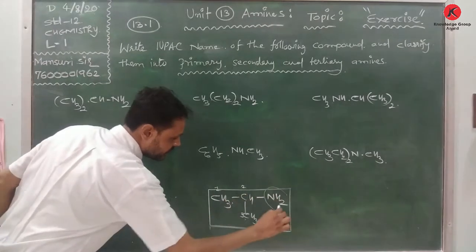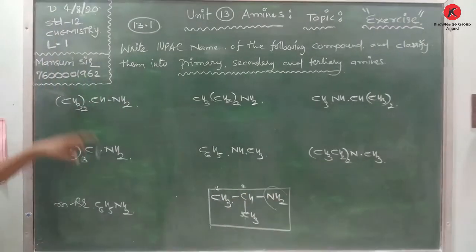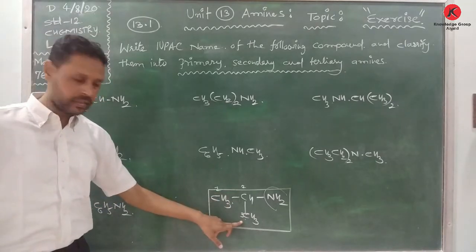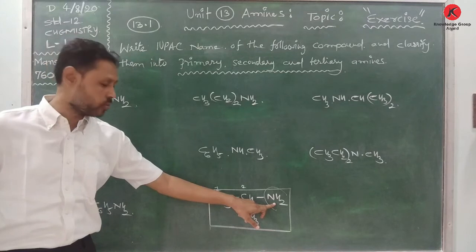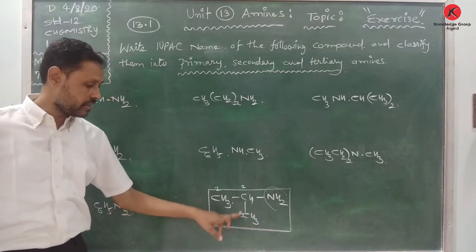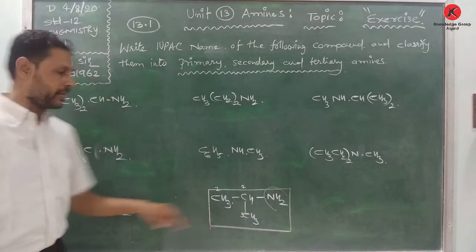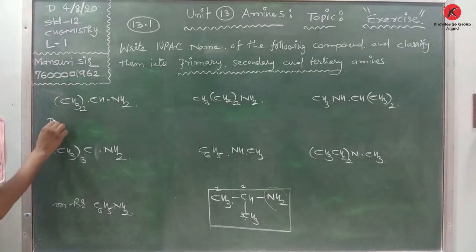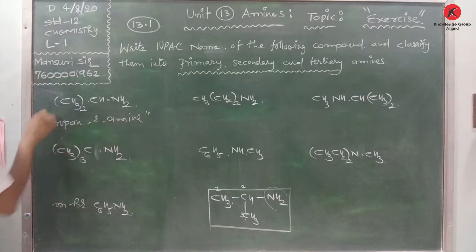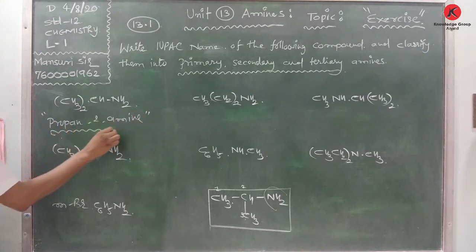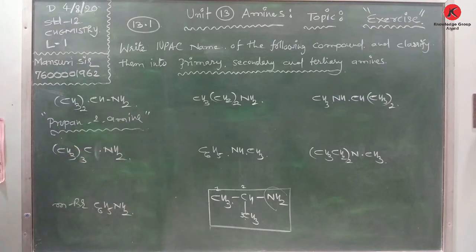Carbon 2 contains the amino group. That means here propane is given. Now NH2 is attached on the second carbon, that is why this is written as propane-2-amine, or prop-2-amine.